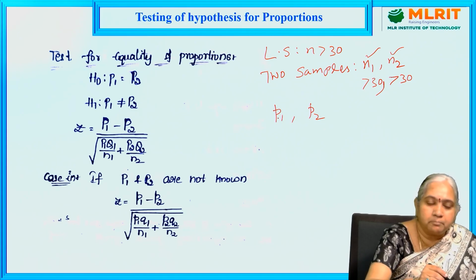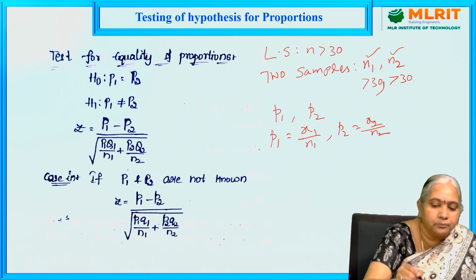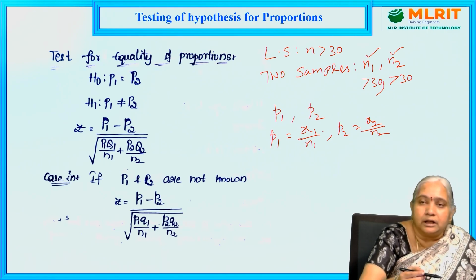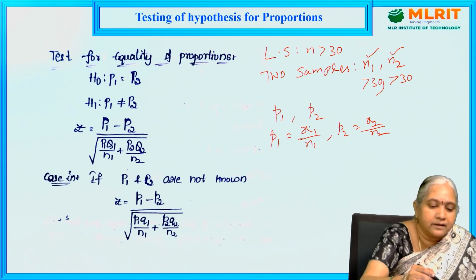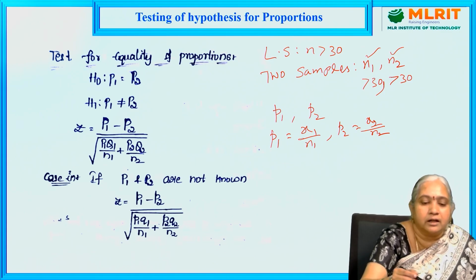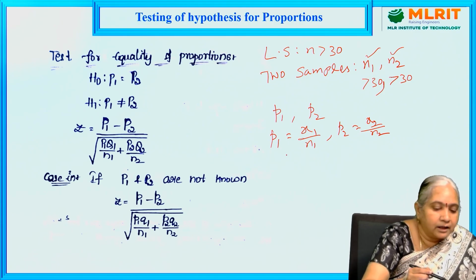We calculate them using p1 equal to x1 by n1 and p2 equal to x2 by n2, where x1 and x2 are the number of defective items or articles in the first and second samples respectively.